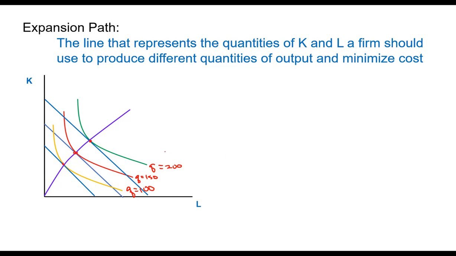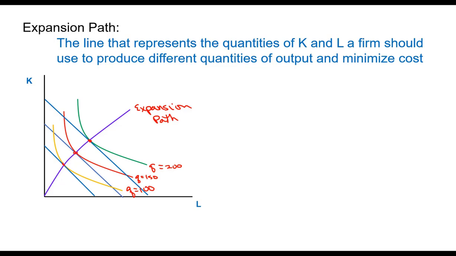The expansion path shows all the combinations of capital and labor the firm should hire to produce its output while minimizing costs. So the purple line here is our expansion path. Along this purple line, every point is an optimum for the firm in the long run.